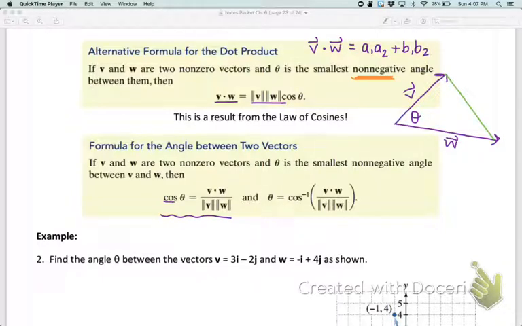So we take the inverse of both sides, which gets us theta by itself. And so the formula for finding the angle between two vectors is the cosine inverse of the dot product of the two vectors divided by the product of their magnitudes. That comes from that alternative form of the dot product.